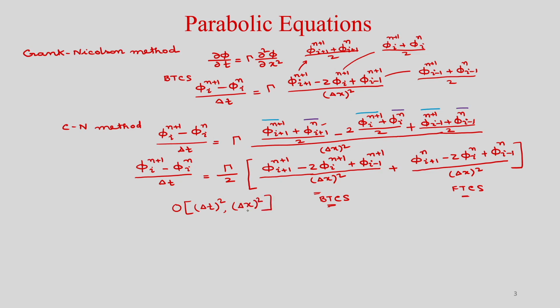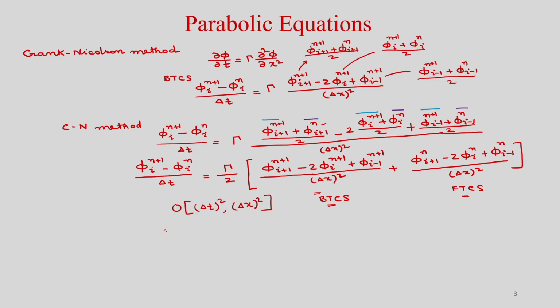Okay. So, it is second order accurate both in time and space, and it is unconditionally stable. So, if you do the stability analysis of this finite difference formulation, you will find that it is unconditionally stable. So, you do not have any restriction in choosing the time step delta t. So, it is unconditionally stable.